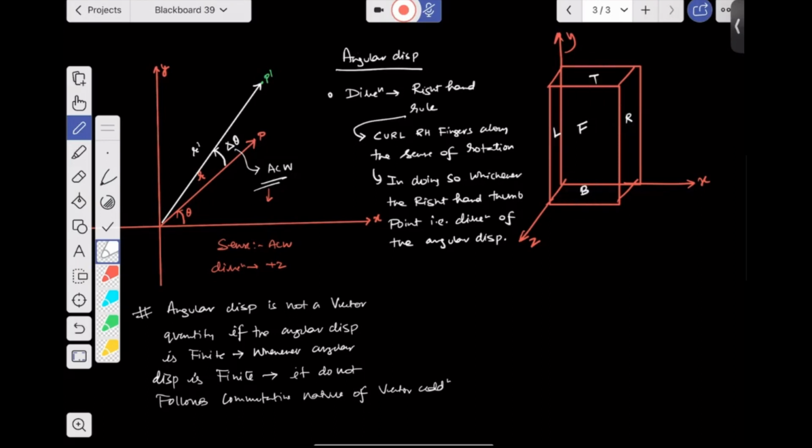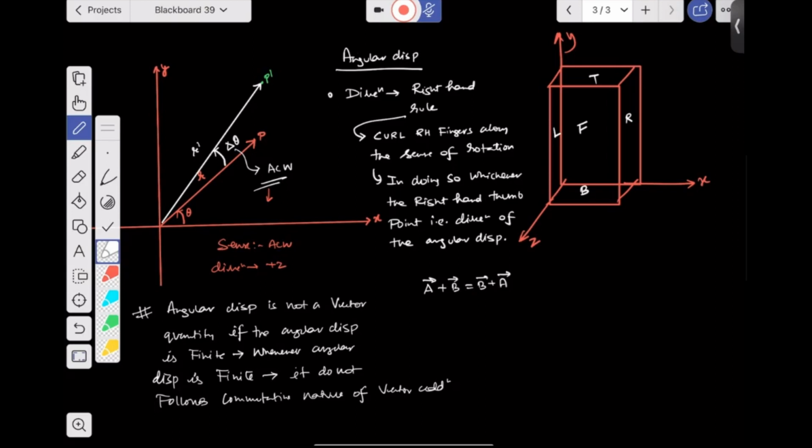What we are going to do is two angular displacements, which are going to be finite, but we'll do them in a different order. You know that if I add two vectors A and B, it doesn't matter in what order we add them, the result must be the same, correct?